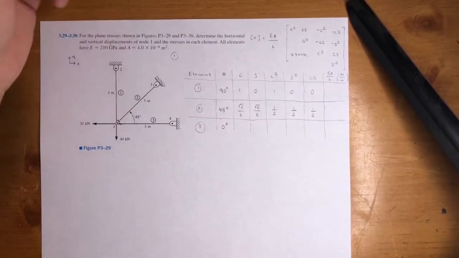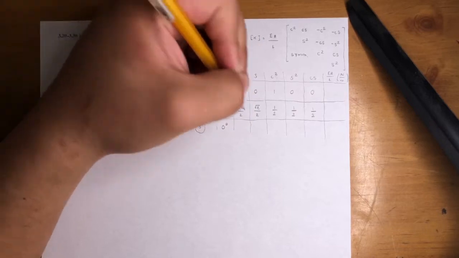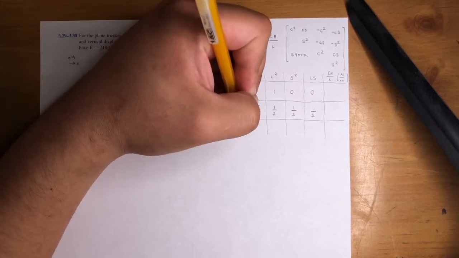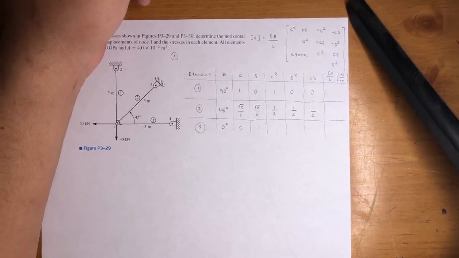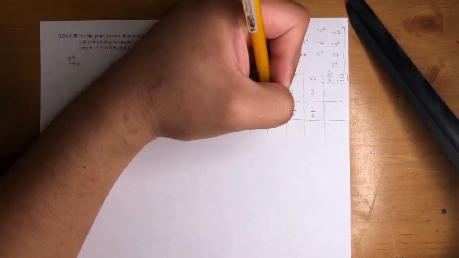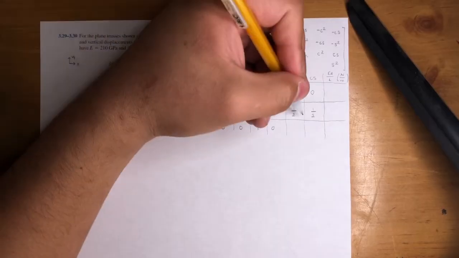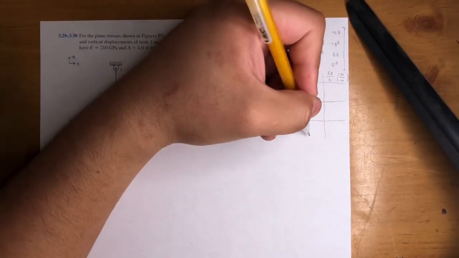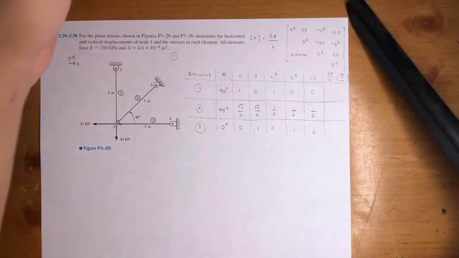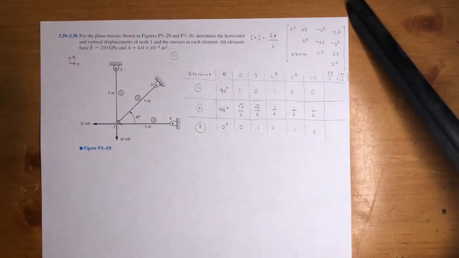It's from 1 to 4, so that's why it's 0. Cosine of 0 is 0. Sine is 1. You got 0 for c squared, and then 1 for s squared, and then cs is 0. And that's pretty much it.